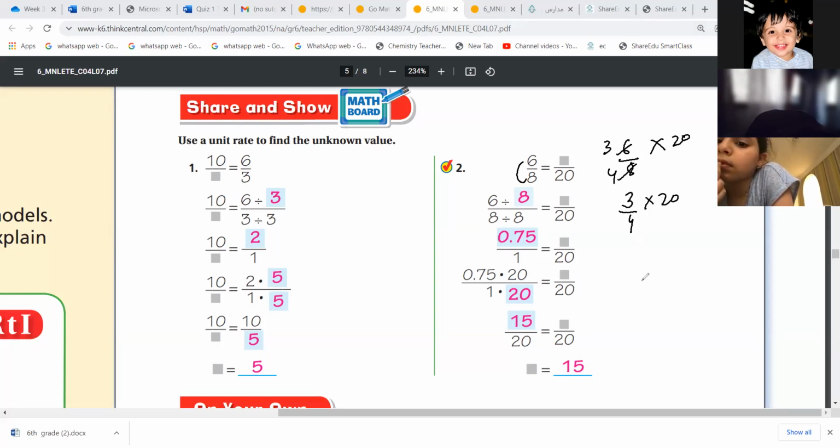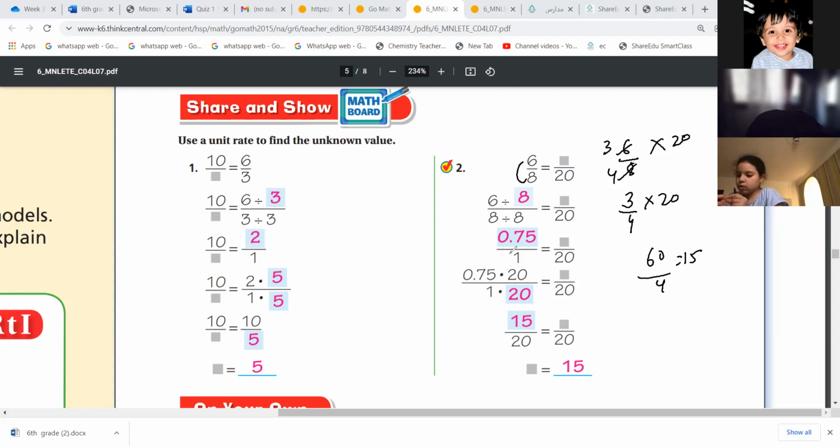Multiply with 20. 3 times 20 is 60. You get 15. This is the answer. You will divide 6 and 8. See, when you divide 6 and 8, even if you don't get 0.75, it's okay. But when you divide 6 and 8, actually you get 0.75. And you need to multiply with 20.